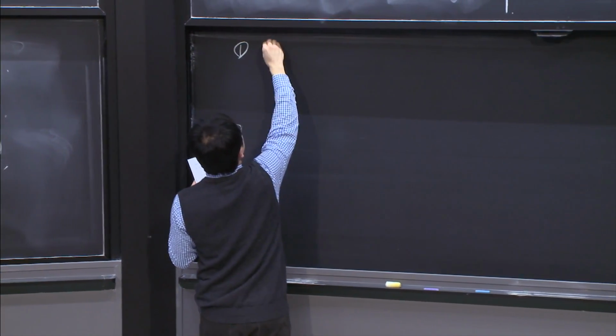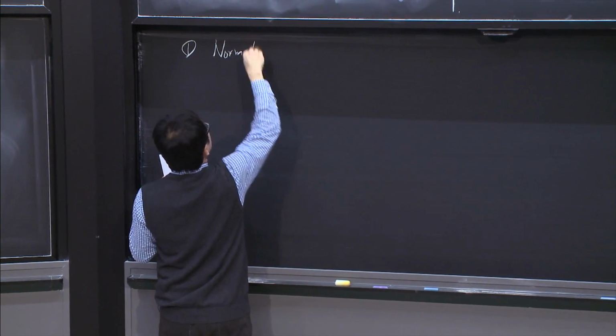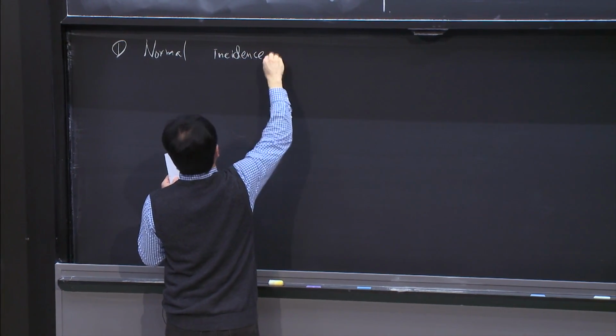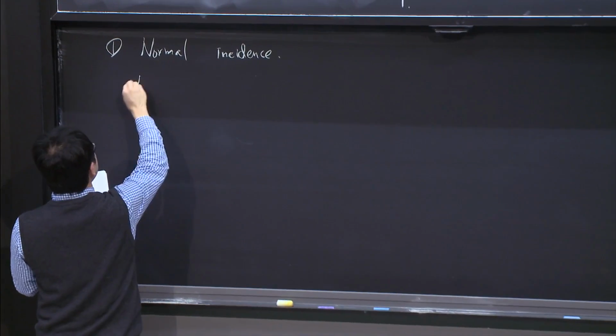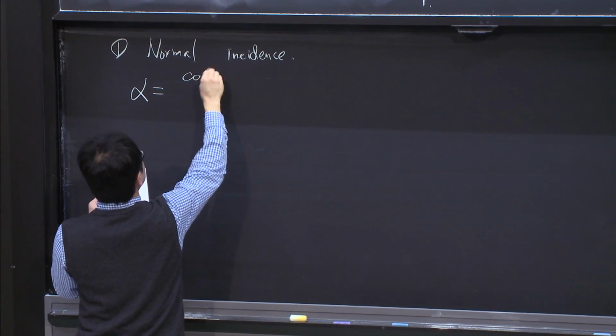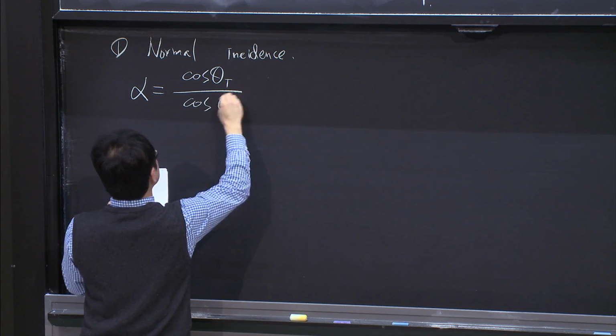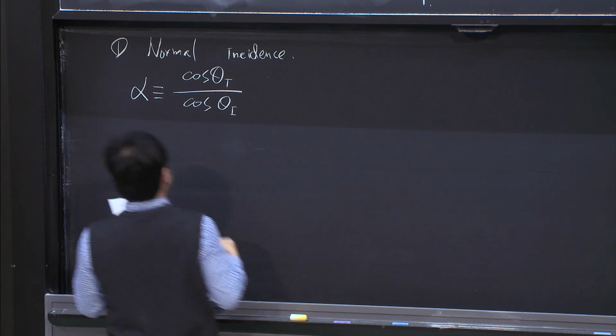If I have normal incidence, that means alpha will be equal to cosine theta t divided by cosine theta I. This is the definition.